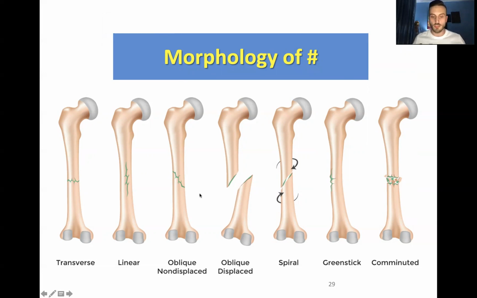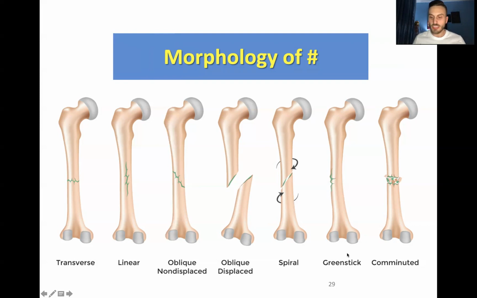If it's more, it will be like this, oblique. And this is called spiral, which goes into 3 points. So in the morphology: transverse, oblique, and this one, spiral, as you can see in this X-ray.